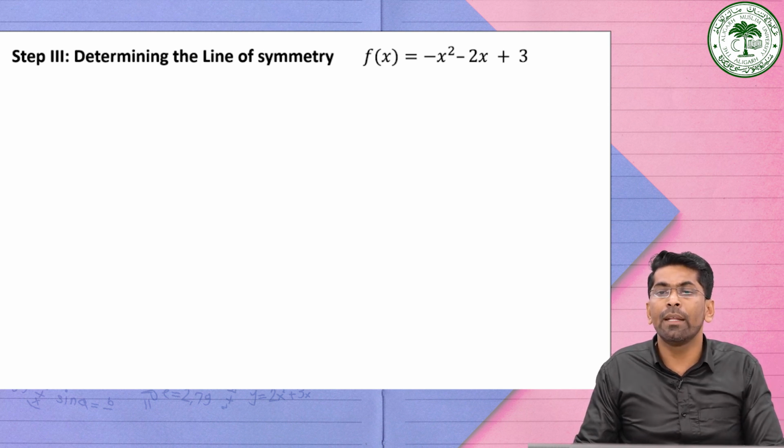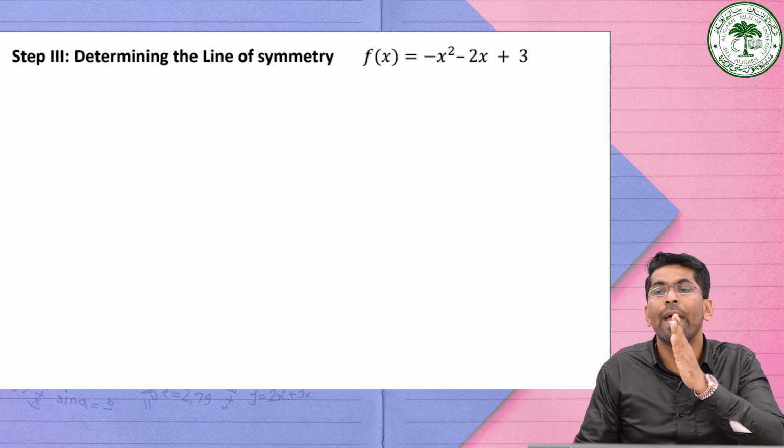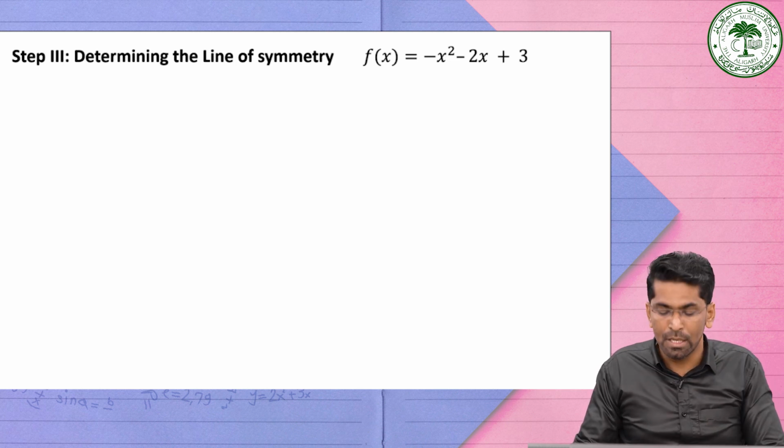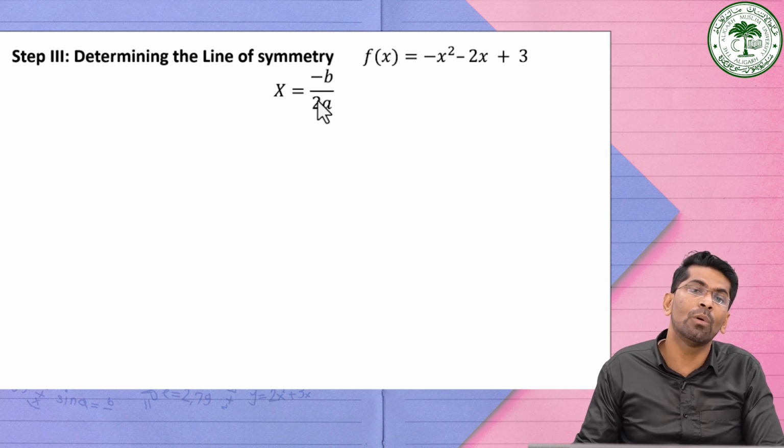The line of symmetry for a quadratic function is a vertical line that passes through the vertex of the parabola, dividing it into two symmetric halves. Therefore, the equation of the line of symmetry can be determined by using x is equal to minus b divided by 2a.